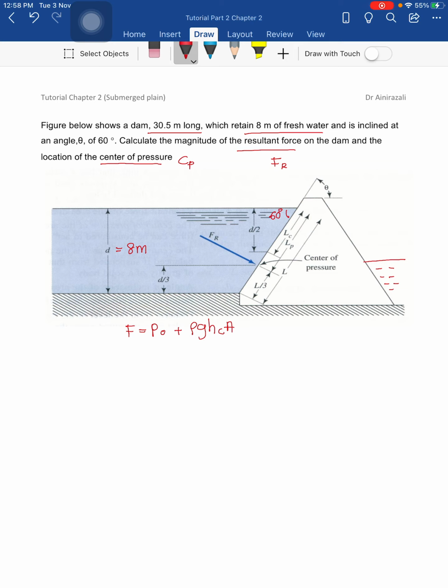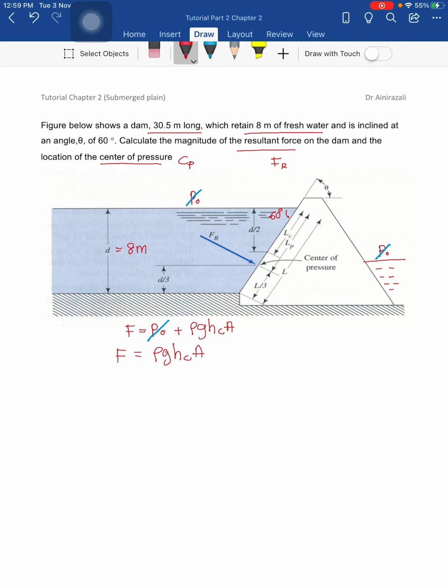So here P naught on the surface of the liquid, and this side also P naught. Because both sides have P naught, we can cancel the P naught in the equation. So now our equation becomes F equals rho g h centroid area.